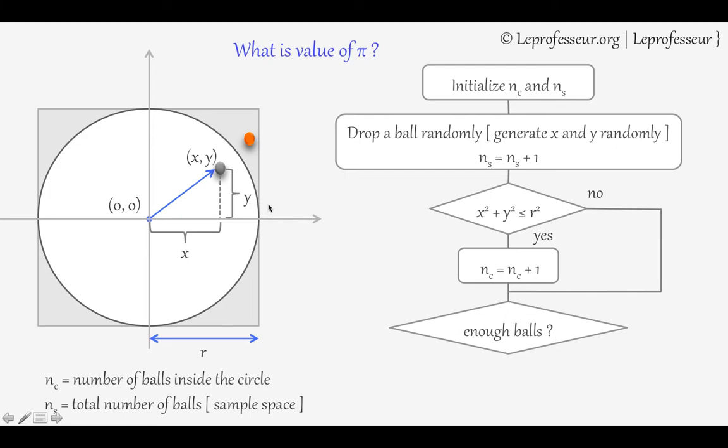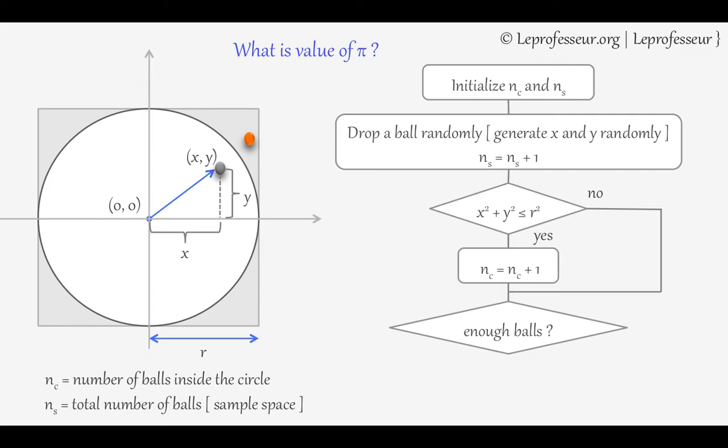Now, another thing: did we throw enough balls, or did we just throw 1 or 2 balls? If we just throw 1 or 2 balls, then we may not estimate correctly, and our error would be higher. So keep one thing in mind: we can reduce the error if we increase the set of possible inputs.